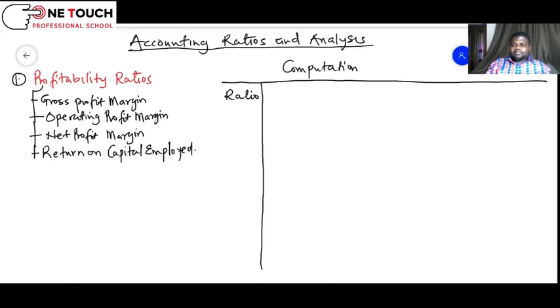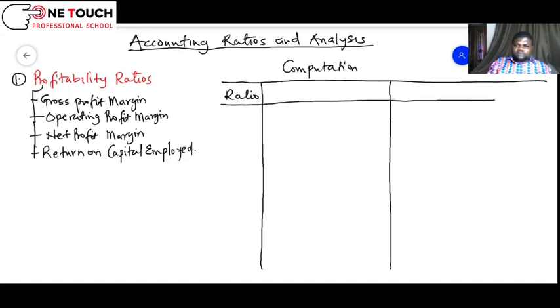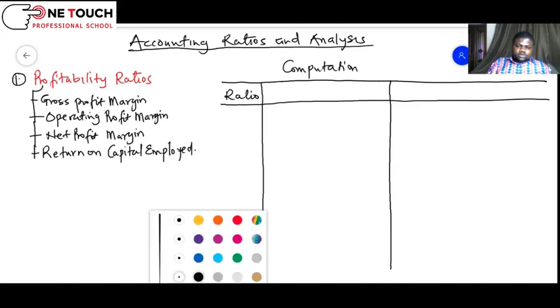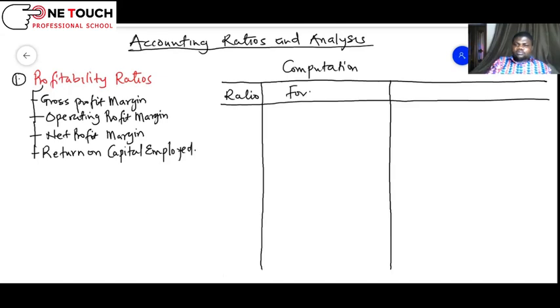Then I have the formula, and then how they should be measured. If it's increasing, is it okay? If it's decreasing, is it okay? We want to know when do we say that the entity is doing well in terms of these ratios. Is the entity doing well because it is increasing? All those ones we are supposed to know. So measurements.